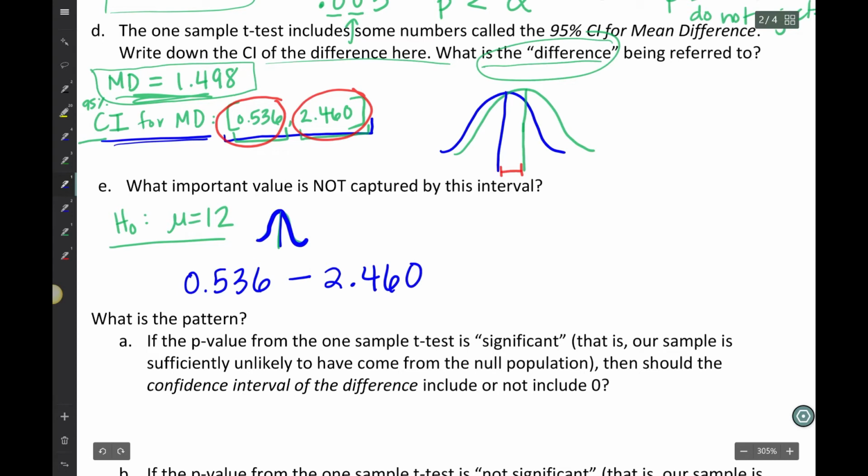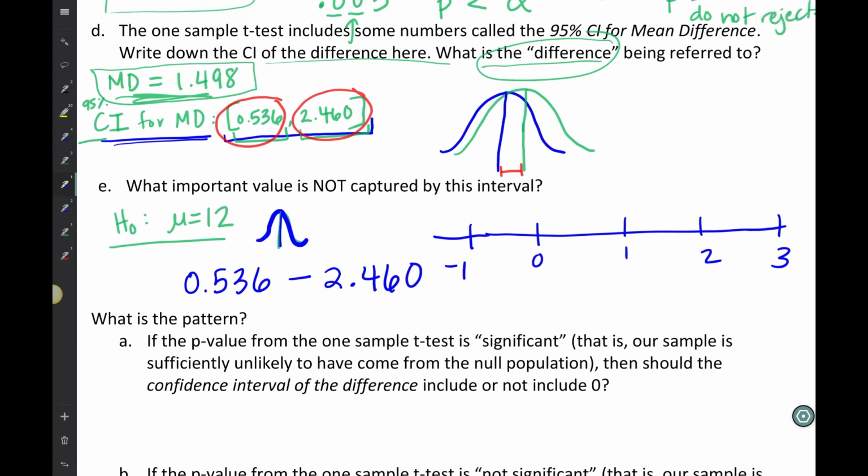So if we were to write this out on a number line, right, we've got 0, 1, 2, 3, we could do -1, right? So 0.536 would be a little in between the 0 and the 1. That'd be about here. 2.46 would be a little less than halfway between 2 and 3. So that'd be here.